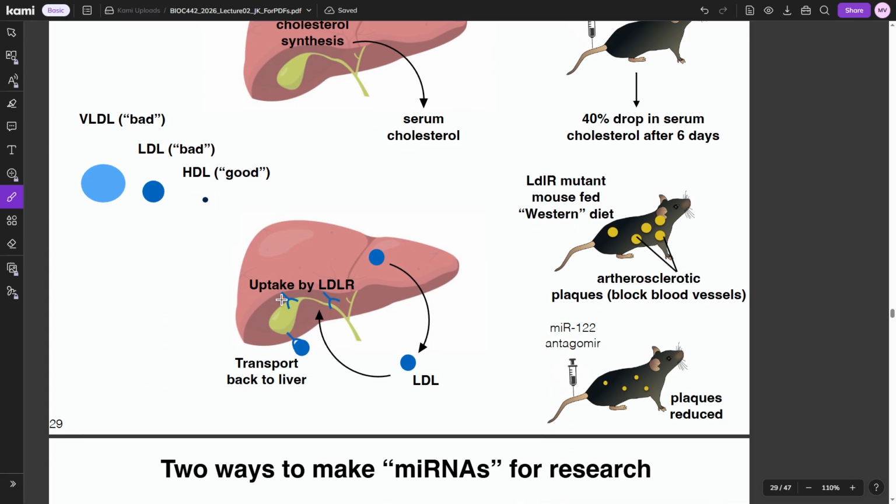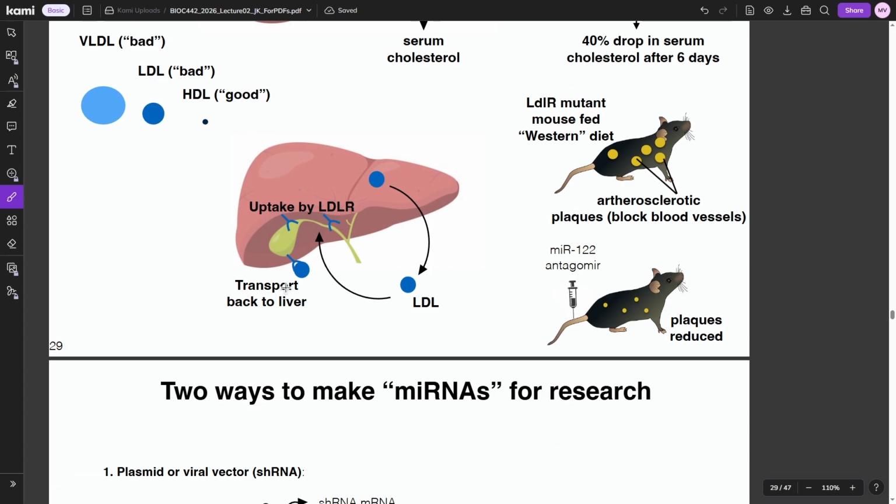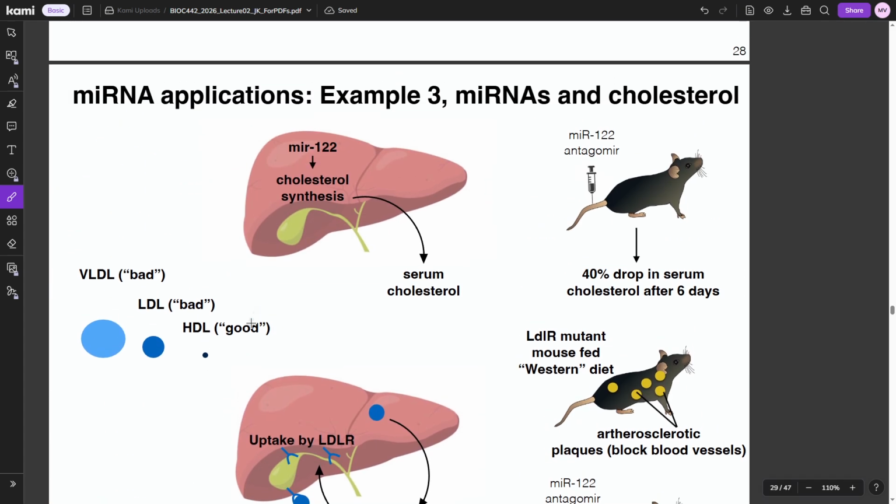So here they give you more examples of this kind of stuff. They talk about microRNAs and cholesterol. So this microRNA leads to production of cholesterol, which leads to more serum cholesterol. So when you add the antagomir, what should happen is you actually make less of this. You should drop levels of cholesterol, which is good.